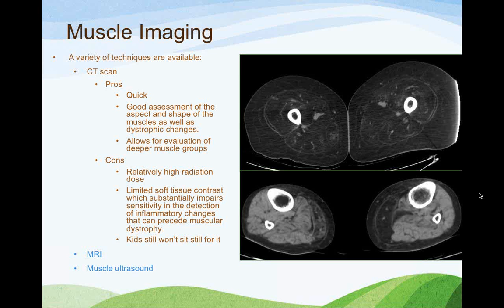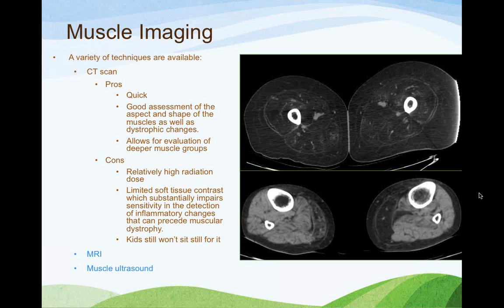So you have to have enough benefit out of the procedure to outweigh the risk of the procedure, and really identifying pathognomonic or characteristic features of disease on muscle MRI haven't been clearly cataloged or shared among the community enough for people to say, oh yeah, it's worth putting my kid under sedation for a muscle MRI or even a muscle CT scan. So that's why muscle ultrasound is also really important, but I'll go through the different techniques that are available.